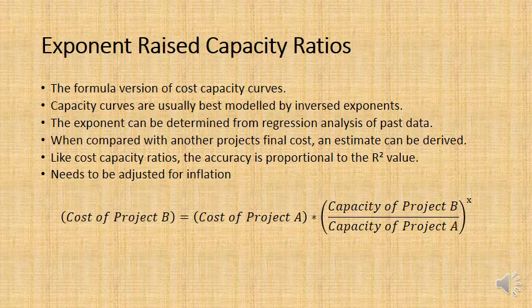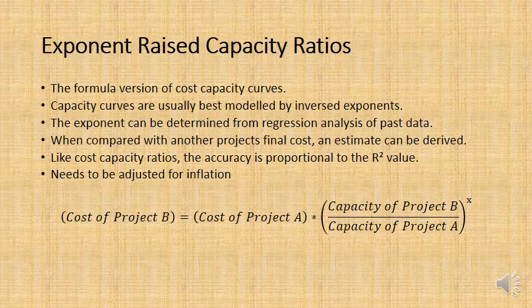So let's say this is the formula we're basically using. Let's say we have a cost of a project B. Well, how do we determine what is the value of that project? Well, we can look at a historical project such as project A, and we would then multiply that by the ratio of size between the two projects.